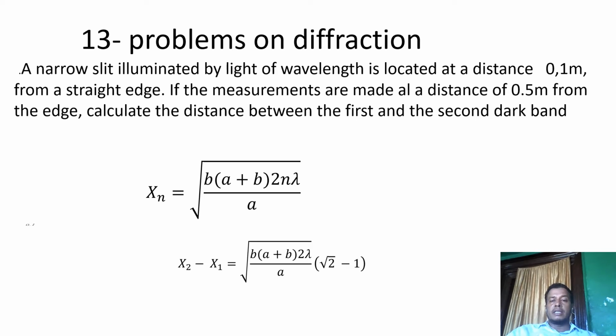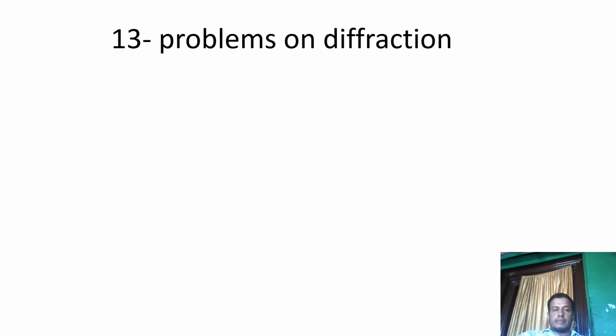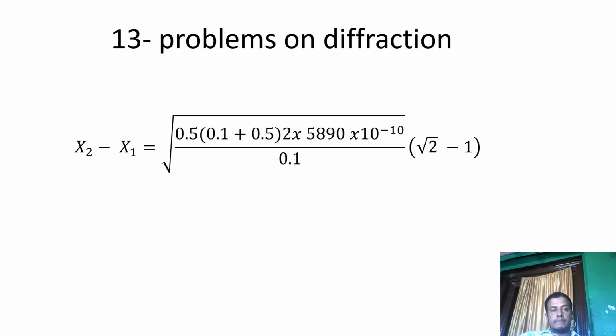For the first and second order, the distance is x2 minus x1 is equal to b into the square root of 2 lambda upon a plus b, with n equal to 2 giving root 2, minus the first one, root 1, that is 1. Putting in the values, b is 0.5 meter, a is 0.1 meter, lambda is 5890 into 10 to the power of minus 10 meter.